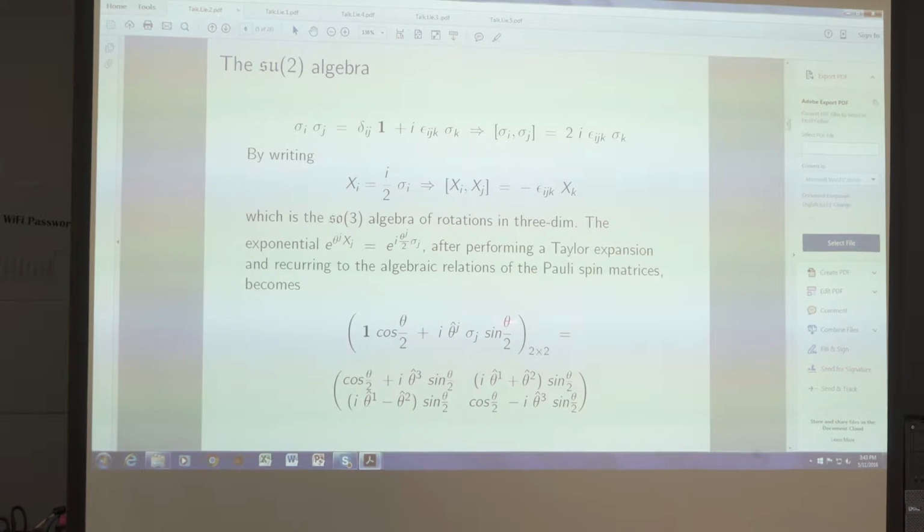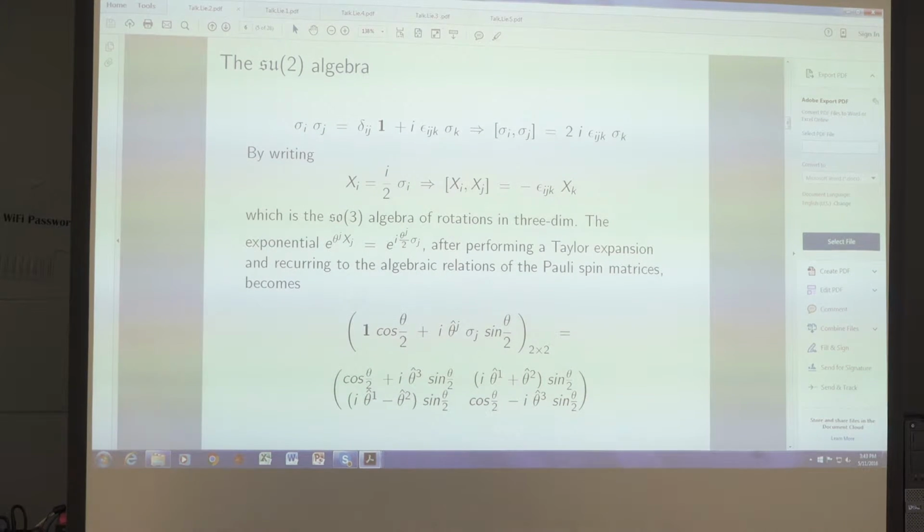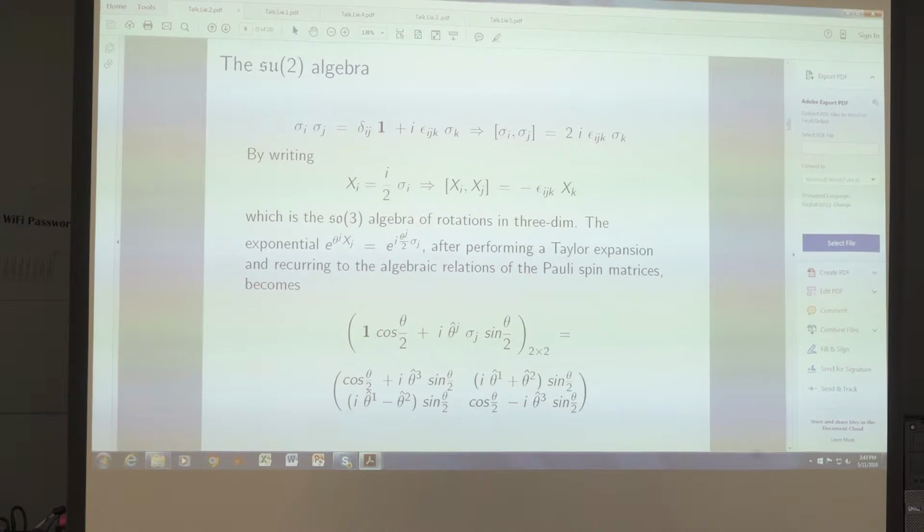By an angle here, I mean the norm of the angle. Remember that the norm of your angle was the square root of theta 1 squared plus theta 2 squared plus theta 3 squared. So this theta here is the norm of your angle, and these theta hat are the components of your unit angle vector. Remember in the first lecture?